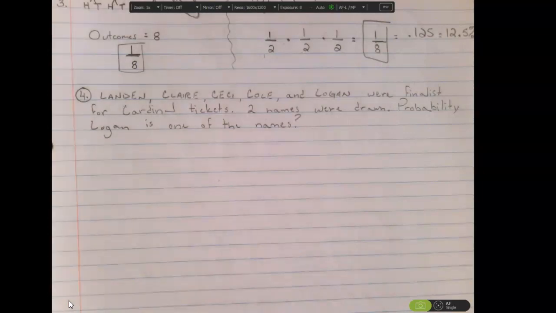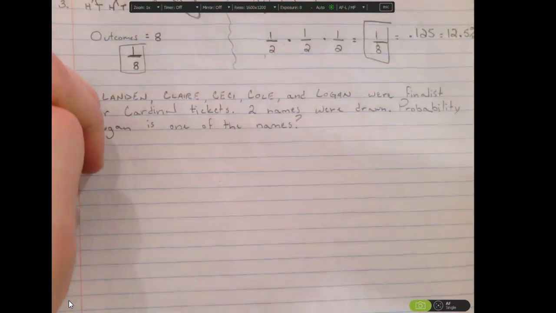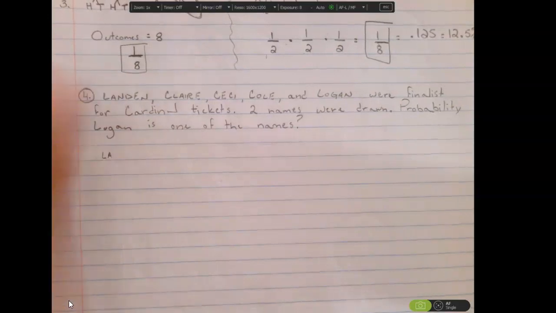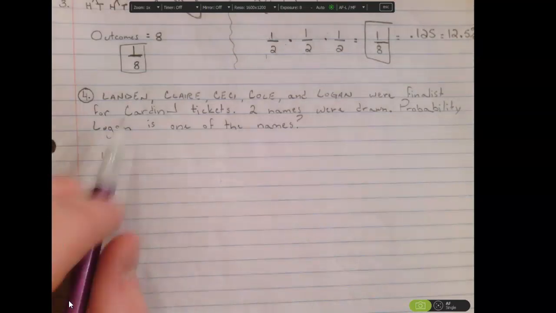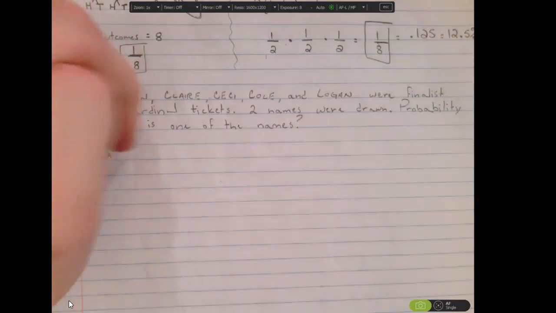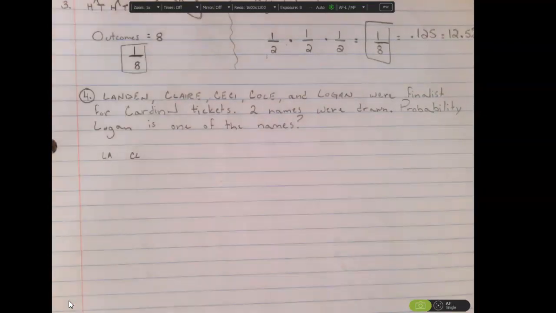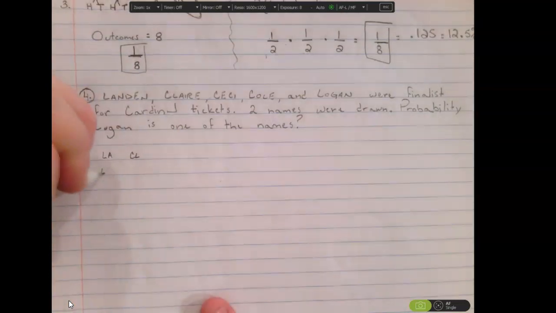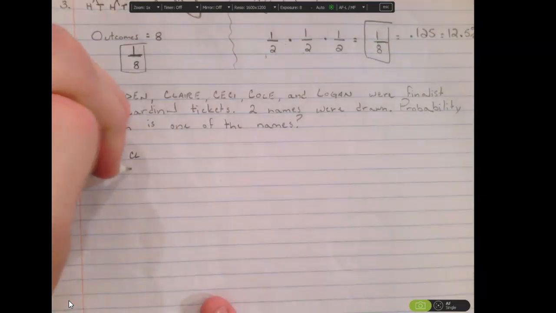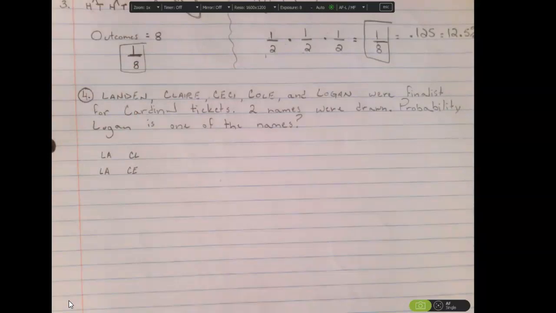All right, so if I were to do an organized list, let's say Landon was the first ticket pulled out. So I've got Landon. Wow, this was not a good one to use because all of you guys are L's and C's. If Landon was the first ticket pulled out, it could be Landon and Claire. It could be Landon and Cece.